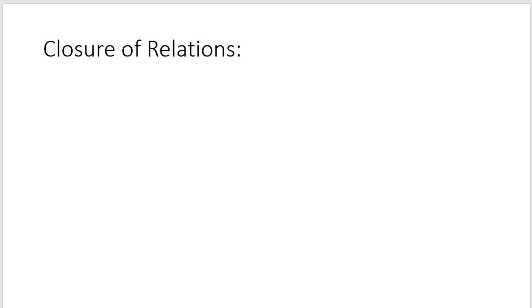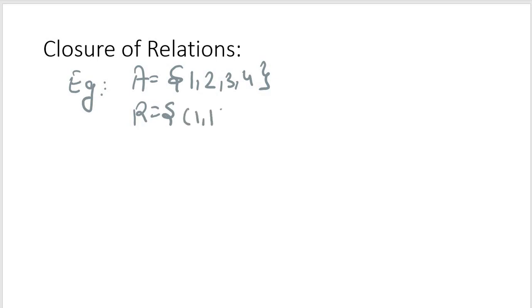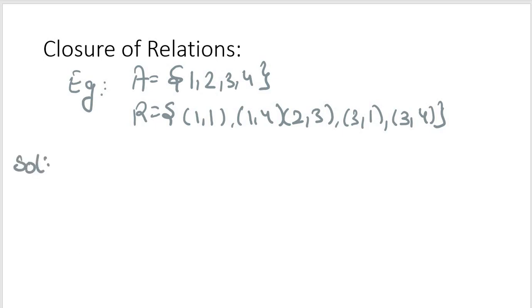This time let's take a set A to be 1, 2, 3, 4, and let R be, let's say, 1 comma 1, 1 comma 4, 2 comma 3, 3 comma 1, and 3 comma 4.